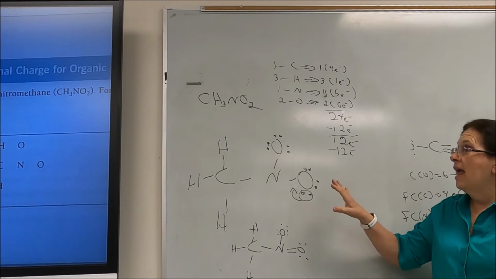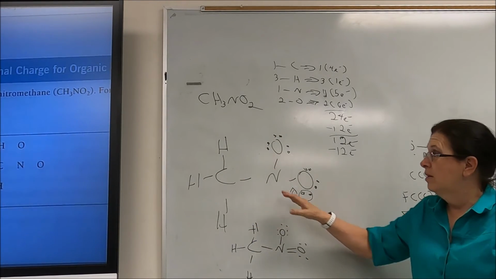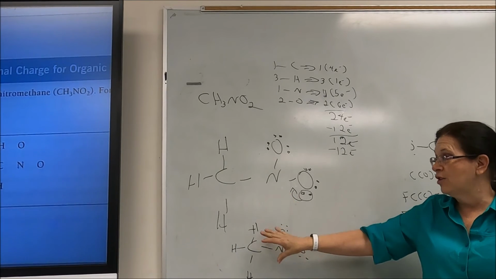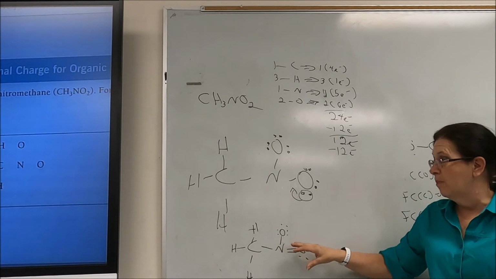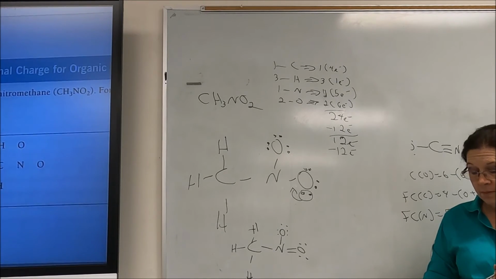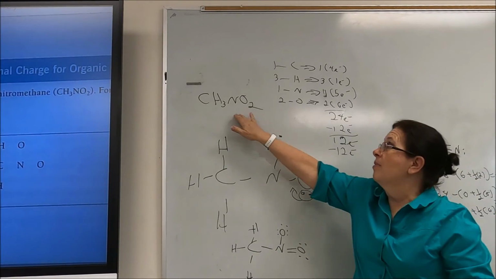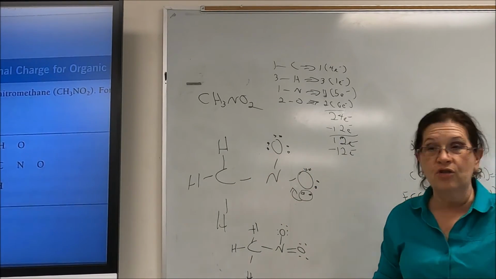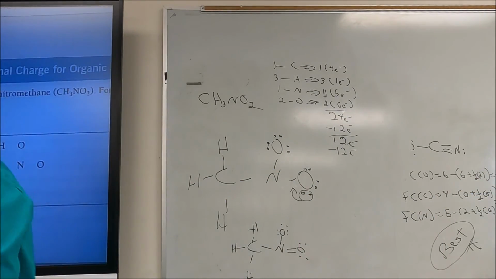Now, if I gave you the skeletal structure, I would expect you to be able to draw in the bonds and the lone pairs. Okay? I am not going to give you something like this and expect you to be able to create the skeletal structure. You'll get that skill later when you're taking organic chemistry.